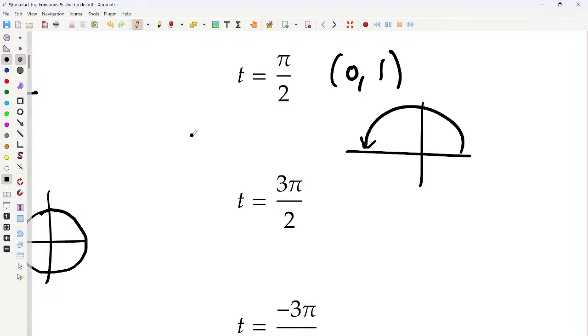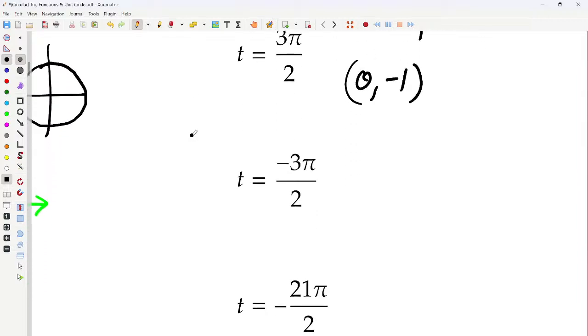There's the calzone. There's pi. There's half of it right there. Which, again, radius of 1. This means 0, 1. 3 pi over 2. Yes. 1 pi over 2, 2 pi over 2, 3 pi over 2. -3 pi over 2.